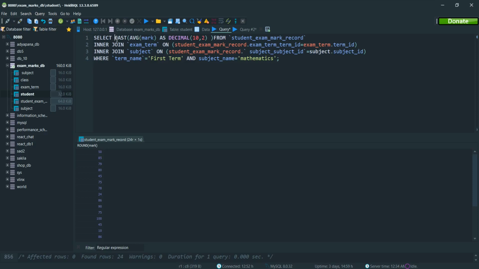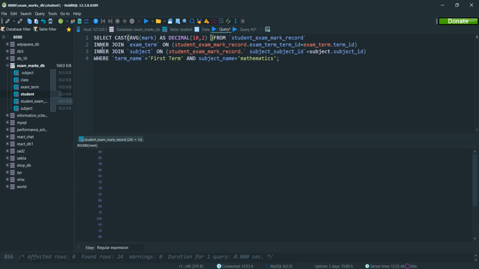We have cast the average to the second decimal place, so this is the decimal base, which is decimal base 10, and to the nearest second place.